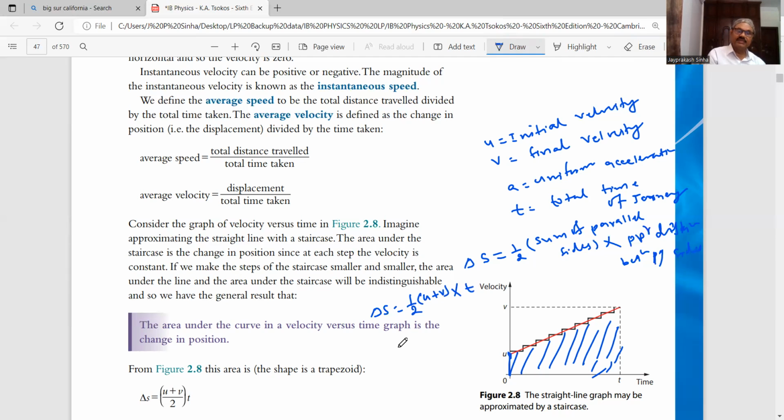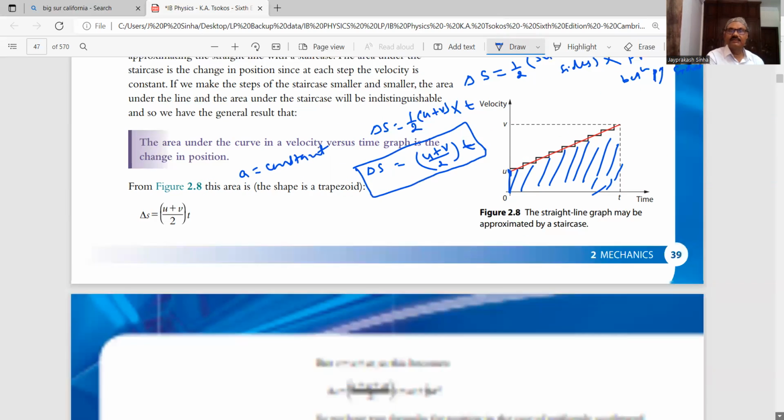Correct? So this finally gives you u plus v by 2 into t. This is another equation of motion, and this is only applicable when a is constant, that is, uniform acceleration. Okay. Next.